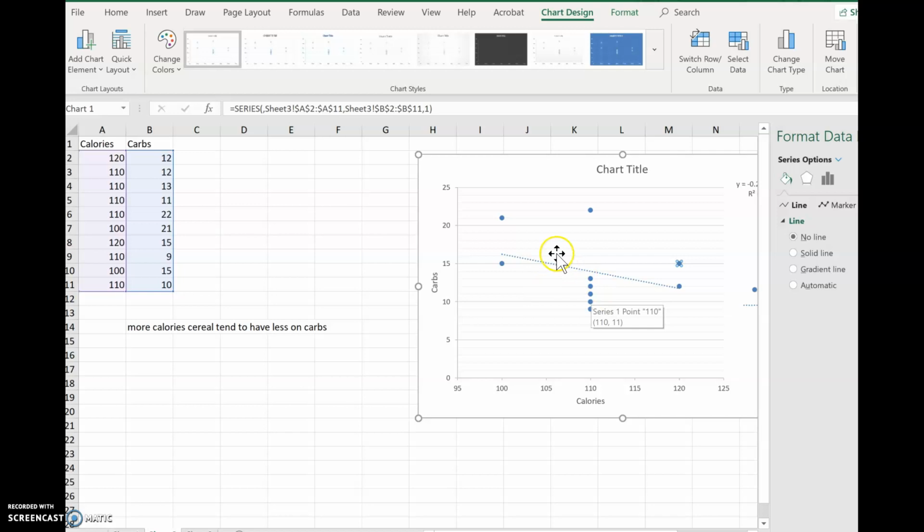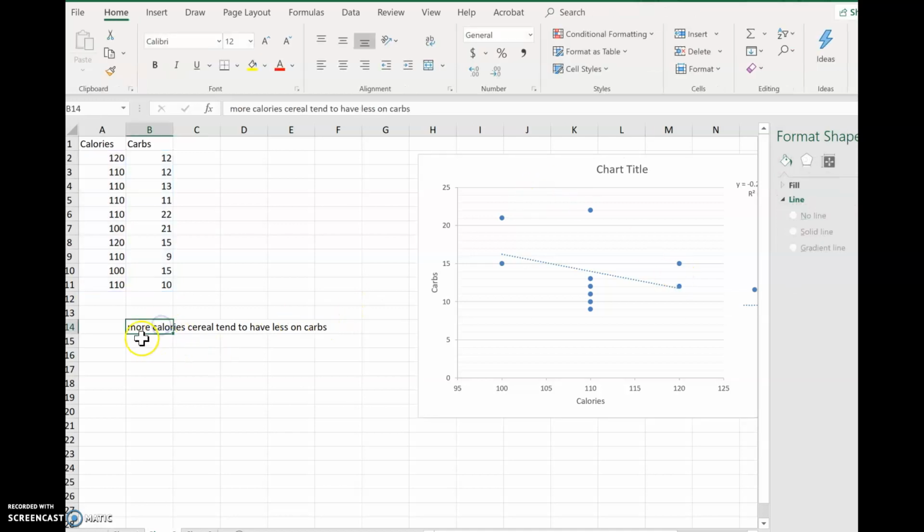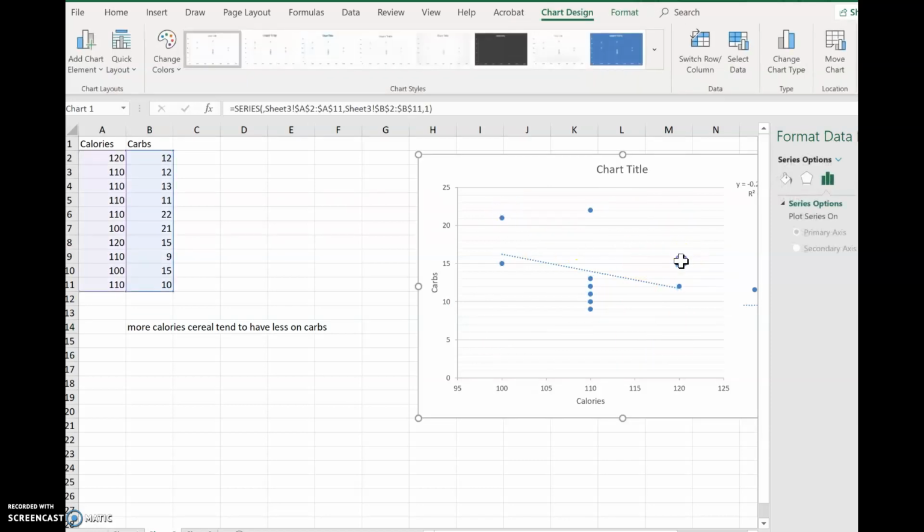But if you compare those two, you can really see the dramatic decrease. So the conclusion we can draw is based on all the data, a general conclusion. It doesn't apply to every single individual, but we can use this to predict any future ones.